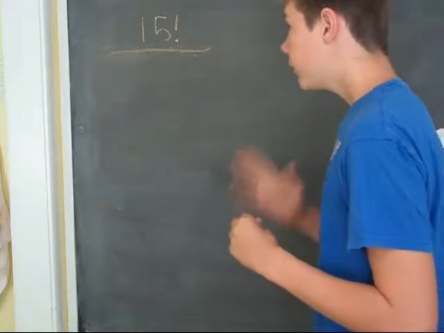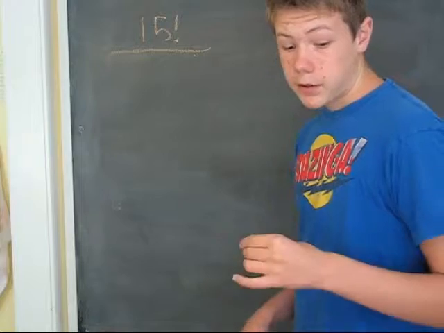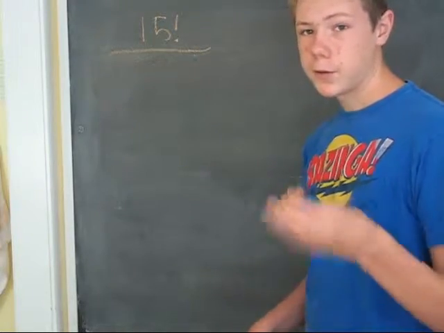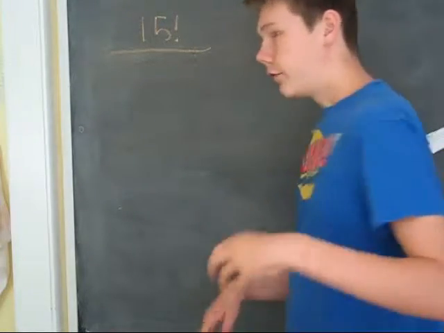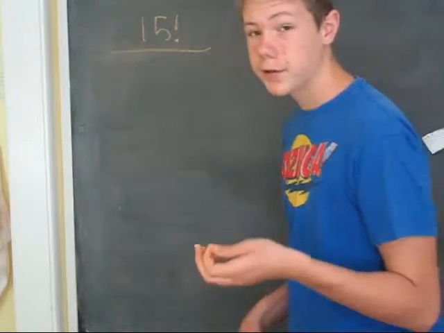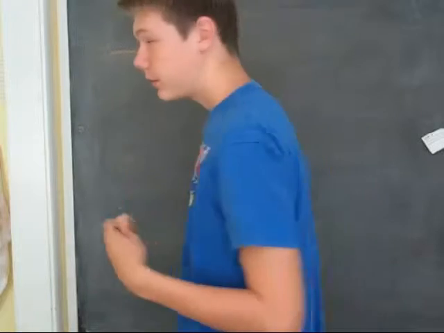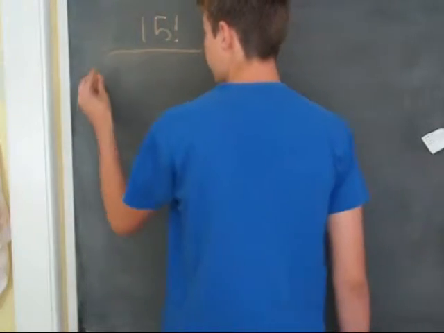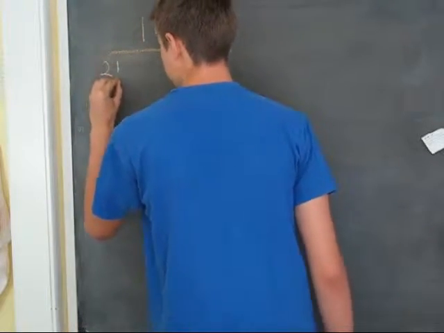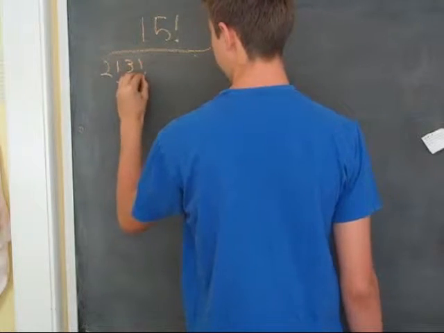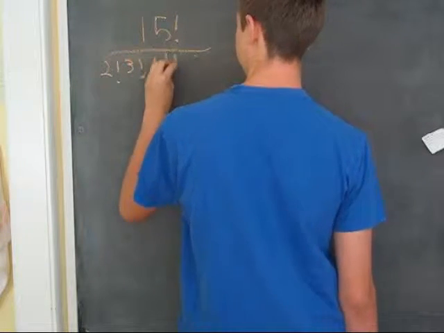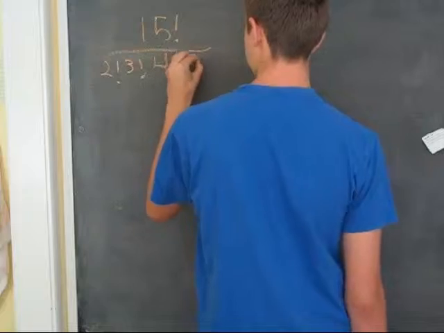So 15 factorial divided by, the balls I have here, there's 1, 2, 3, 4, 5 of each color. So I'm going to discount the first one, the yellow ball, because that's only 1 and it's divided by 1, it's the same. So it's going to be 2 factorial times 3 factorial times 4 factorial times 5 factorial.